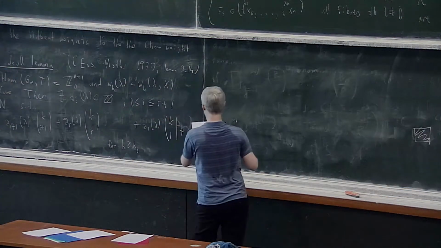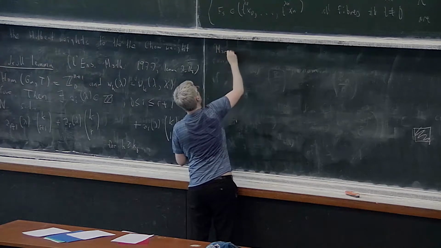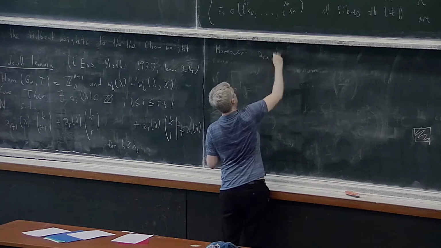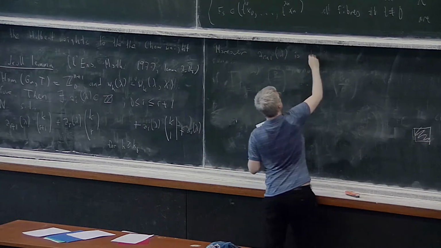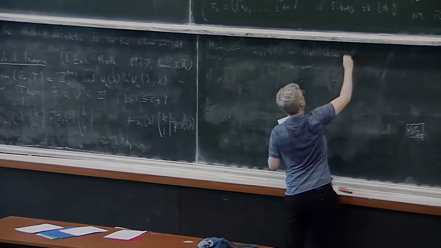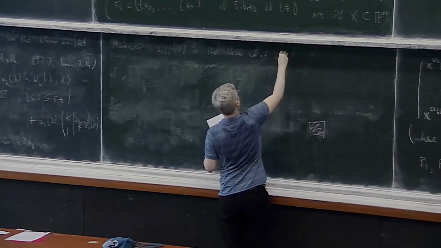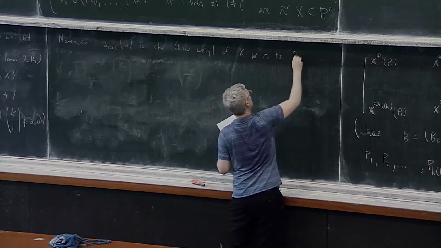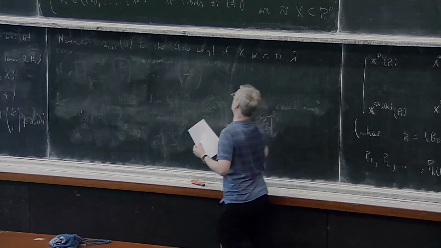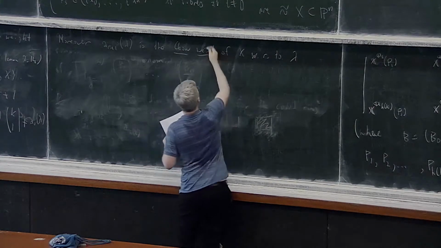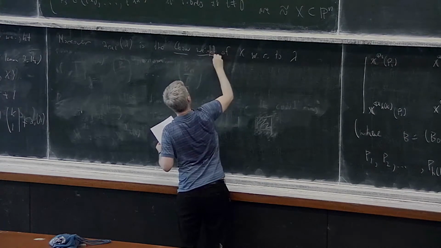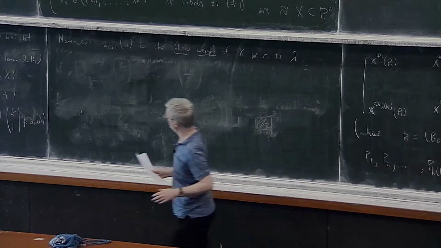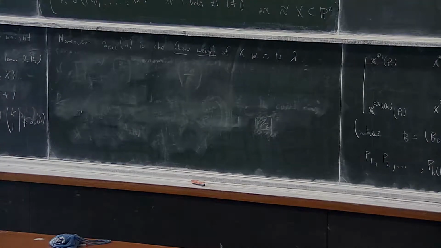And moreover, then, a_{r+1} of lambda is the Chow weight of x with respect to lambda, which I defined on Monday, 2 days ago.